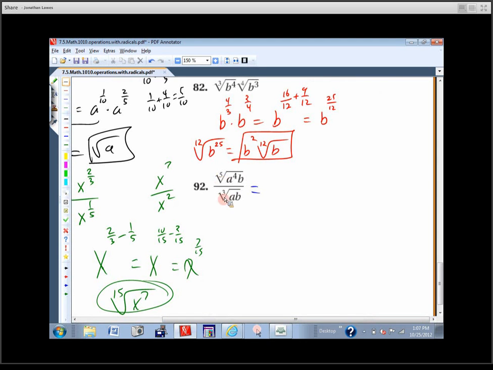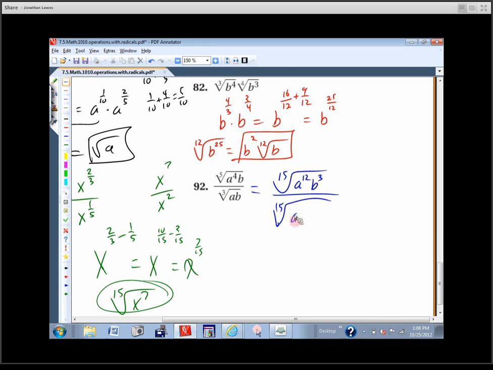So I need those both to be the same root. So this is going to be the 15th root of, let's see, I multiplied that by 3, so this is going to be a to the 12th, b to the 3rd. Need a 15th root times the index by 3, so I'm also going to times the exponents by 5.